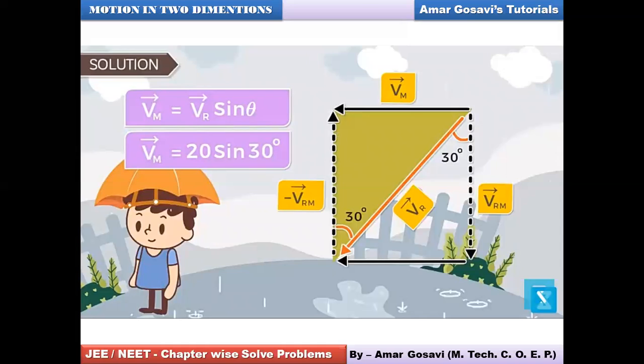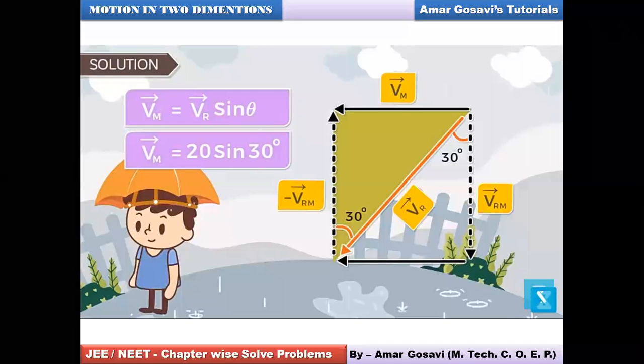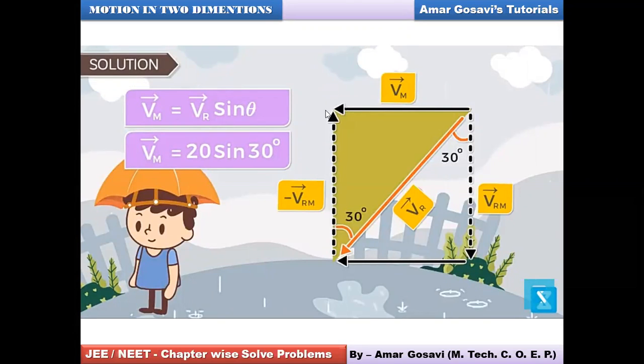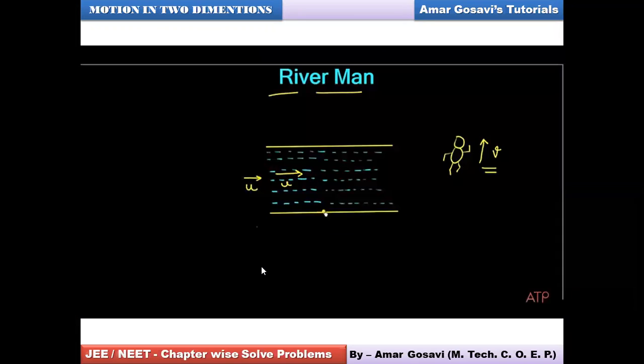Okay. The next type of problems which appear in exams for two dimensions is a swimmer and river problem. That's also a different type of concept which we use. Again, it's a case of relative motion in two dimensions. Let's see how we deal with it. Say, for example, this is a river.